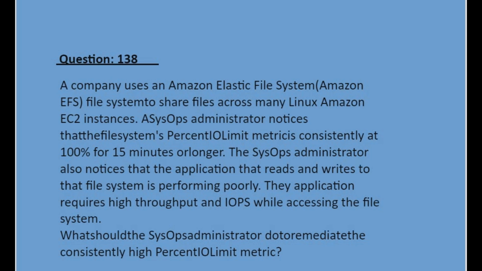The SysOps administrator also notices that the application that reads and writes to that file system is performing poorly. The application requires high throughput and IOPS while accessing the file system. What should the SysOps administrator do to remediate the consistently high %IO limit metric?